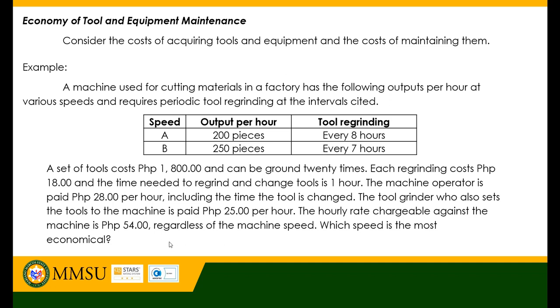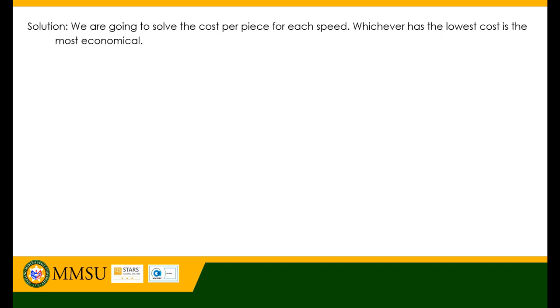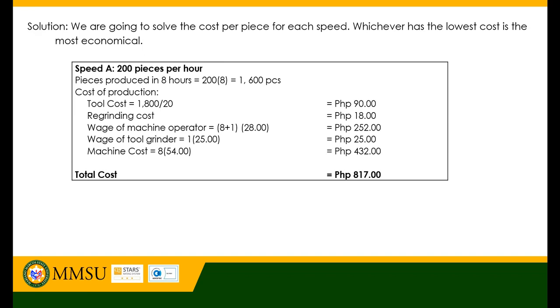Okay, so we have to compare which speed is better. We are talking about cost here. Whichever is cheaper, then we will choose that particular speed. So, we're going to solve the cost per piece for each speed. Whichever has the lowest cost is the most economical.